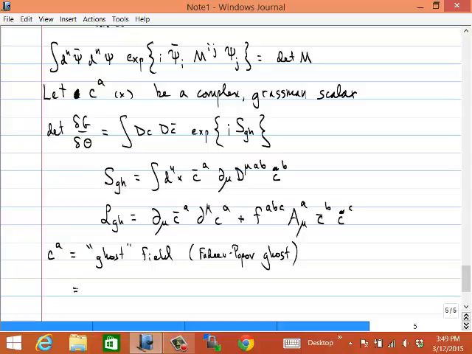An important point is that this ghost field should never appear in external states. We're not interested in introducing a source for this ghost field and studying the scattering of this ghost field. But it does propagate in loops.